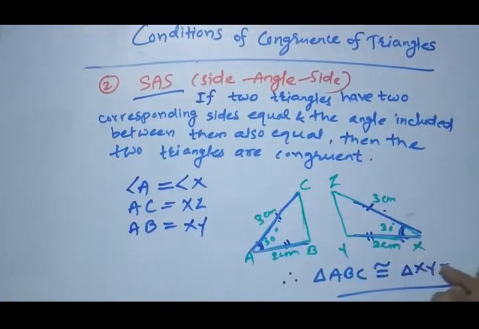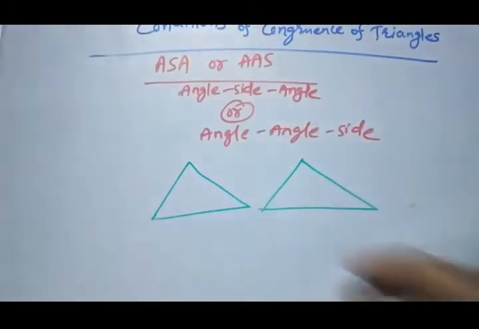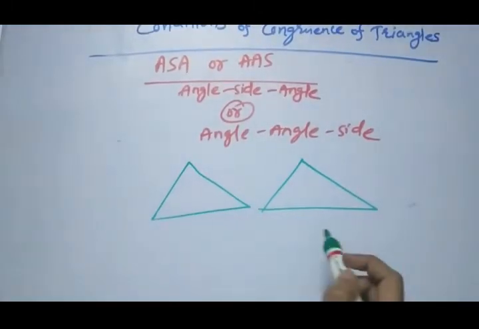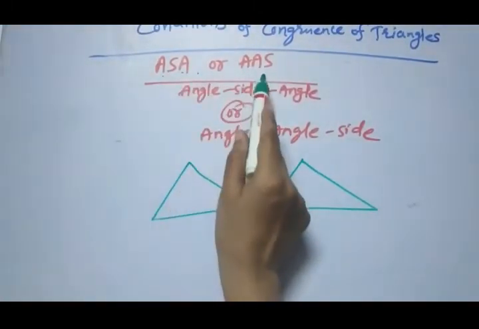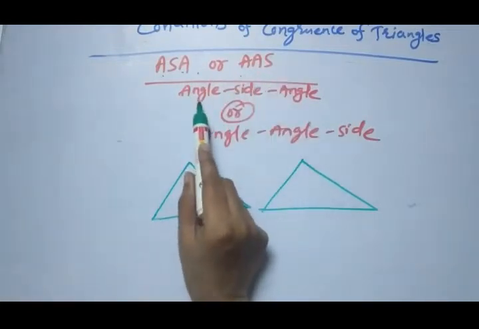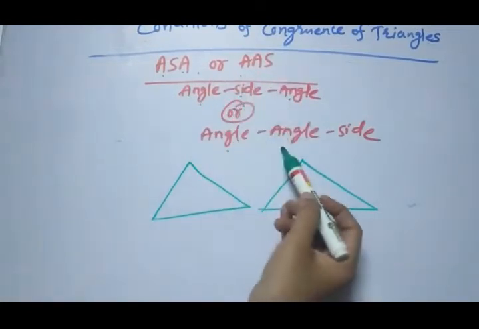Here we have not used the side criteria. Why? Because one angle included between the two equal sides was given. So the next criteria is what? ASA, or you can again call it AAS, which means angle side angle or angle angle side.